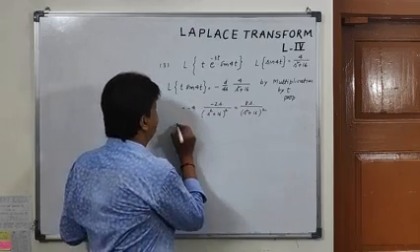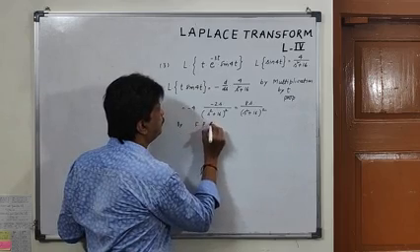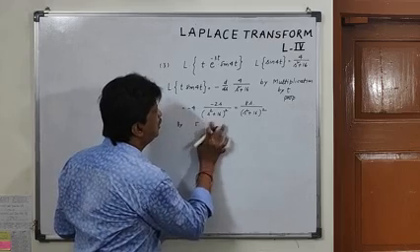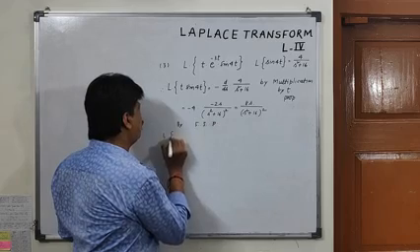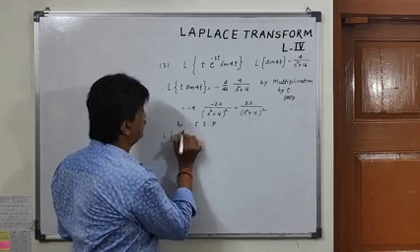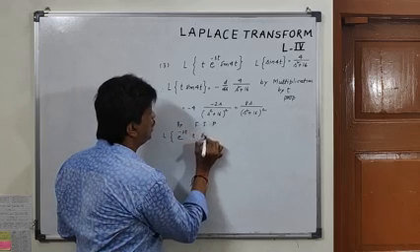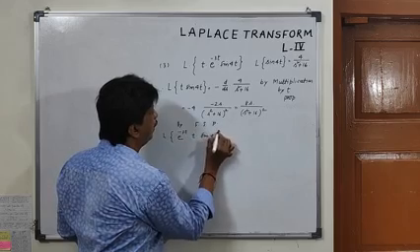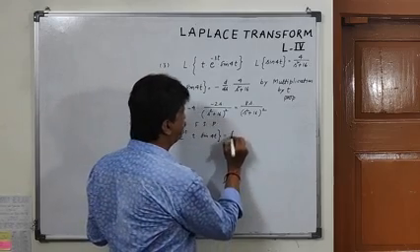Now by the first shift property, the Laplace transform of e raised to power minus 3t into t into sine of 4t is equal to f of s plus 3.